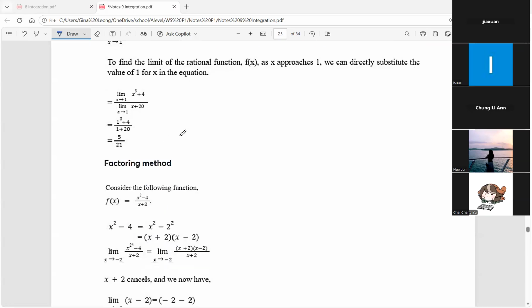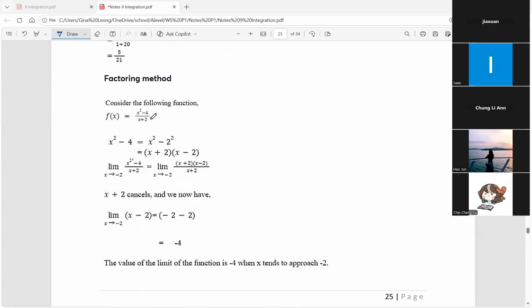Okay, so we have another type, which is where you are able to simplify. For example, x squared minus 4. You can simplify it, and you become x plus 2, x minus 2. So here you can cancel it.